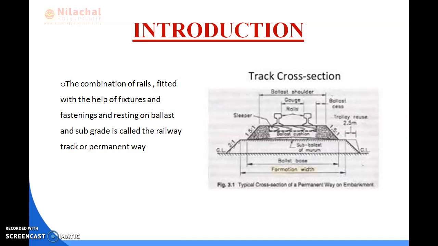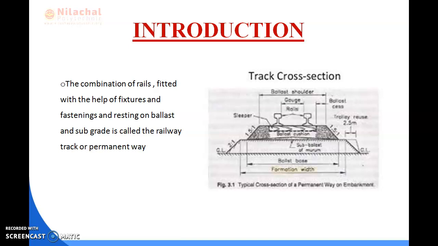A perfect combination of these materials makes a track that is called the permanent way. Because if we simply put a rail over the ground, it is not possible for the train to move over it.